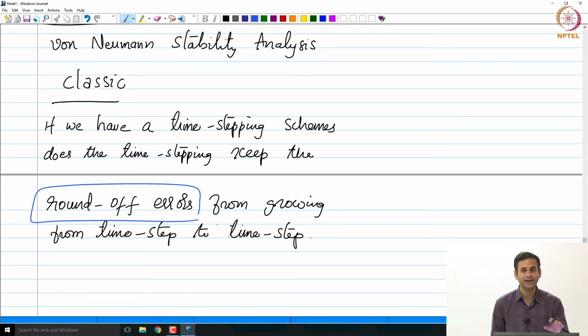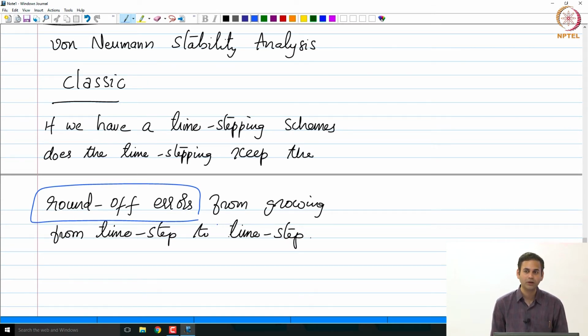That is what we are using to base the entire analysis on. So, if these round off errors are bounded, if they do not grow from time step to time step, then we call the scheme a stable scheme. If the round off errors grow from time step to time step, then we call it an unstable scheme, which will eventually lead to the solution diverging.